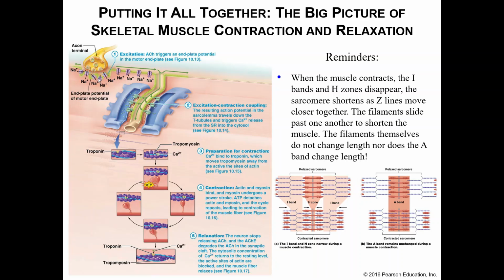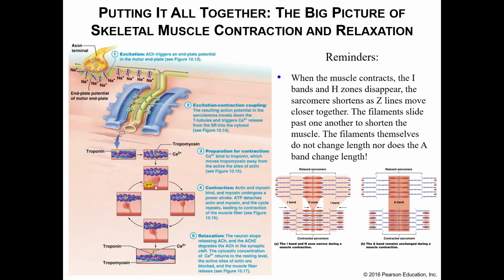End-plate potentials change the voltage enough to open voltage-gated sodium channels, which starts an action potential. The action potential moves down the T-tubules, and we open voltage-gated calcium channels. Calcium leaves the SR, goes into the cytosol where it binds to troponin. Troponin moves tropomyosin out of the way to expose the actin active sites.